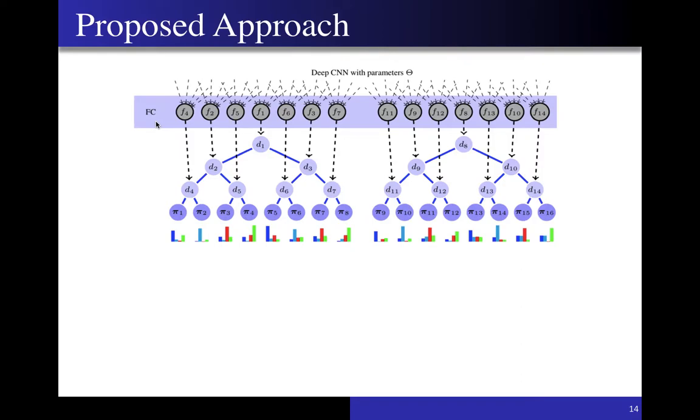So the number of neurons in this layer is exactly equal to the number of internal nodes in the trees. So another point to note here is that the number of trees is a hyperparameter which needs to be fixed before execution.